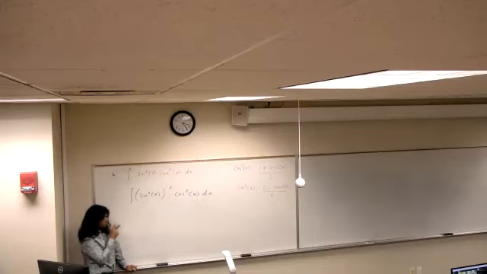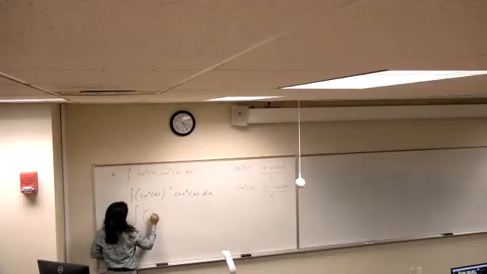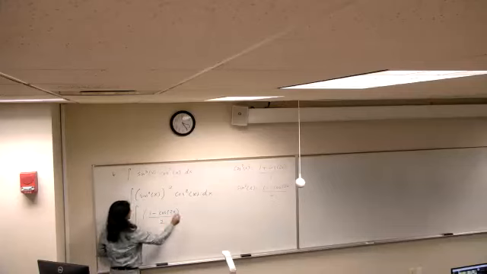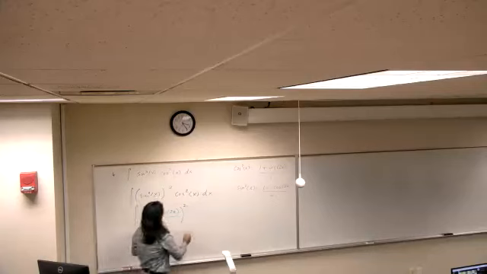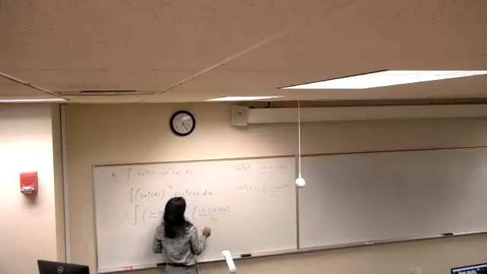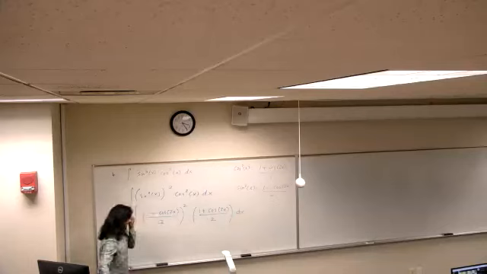So I want to rewrite this. I'm going to put sine squared in here, or replace sine squared as 1 minus cosine 2x over 2, squared, times 1 plus cosine 2x over 2, dx. Good.